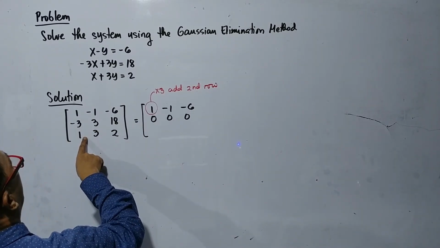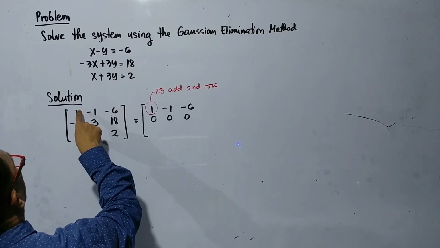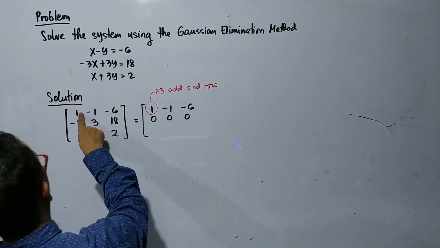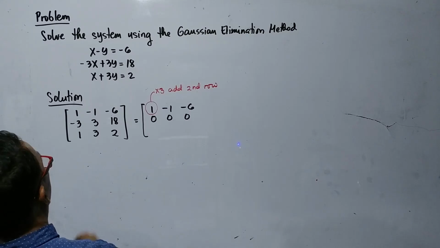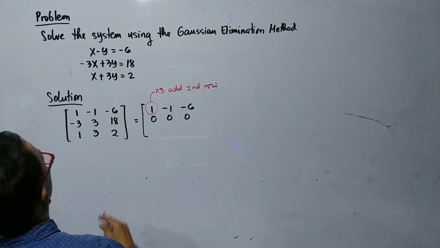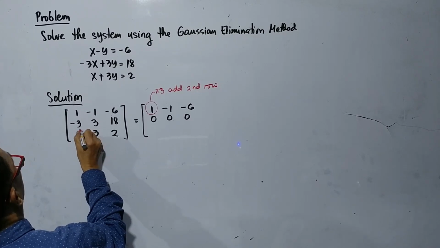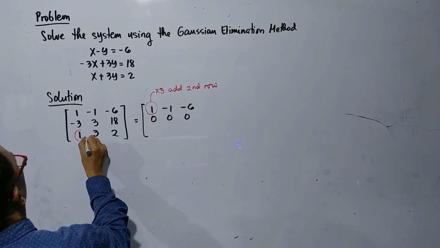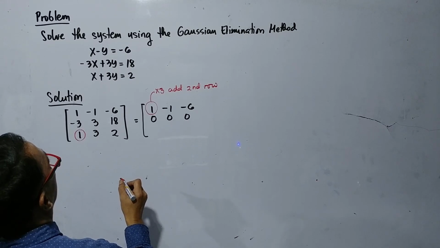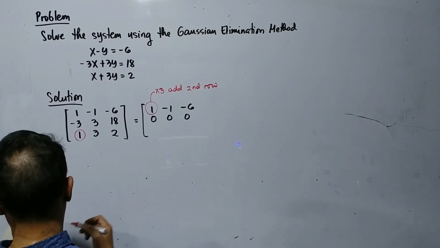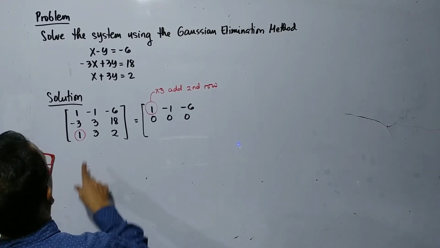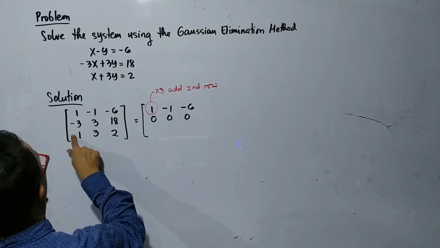Here, to make this zero, we multiply the first row by negative 1 and add it to the third row, to make it 0 here.